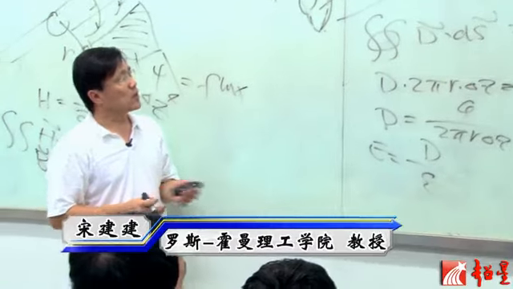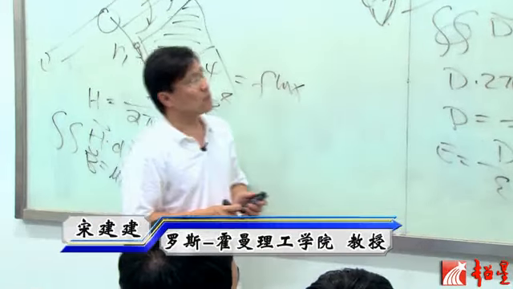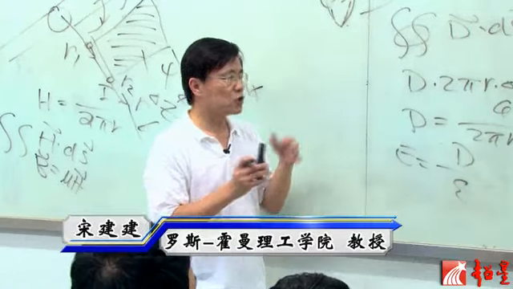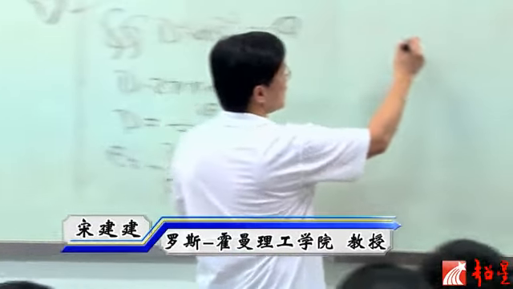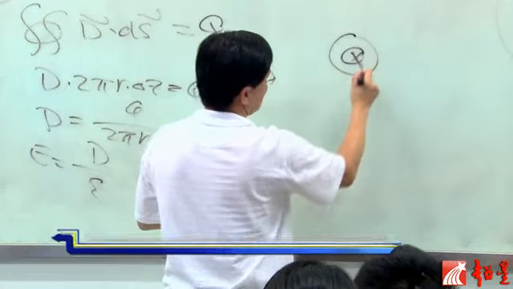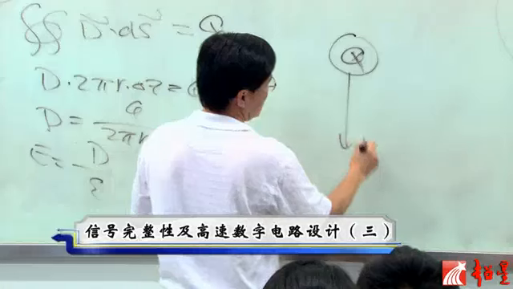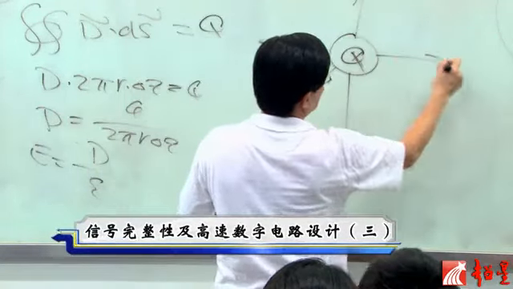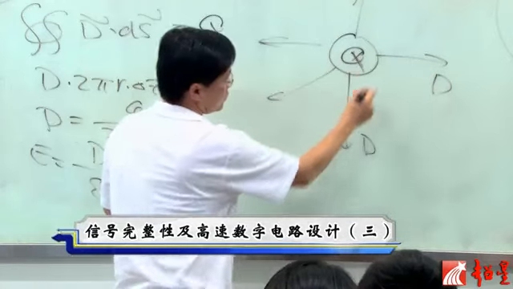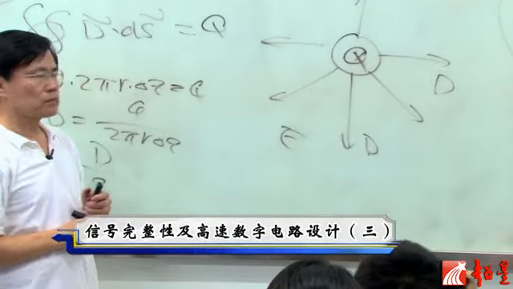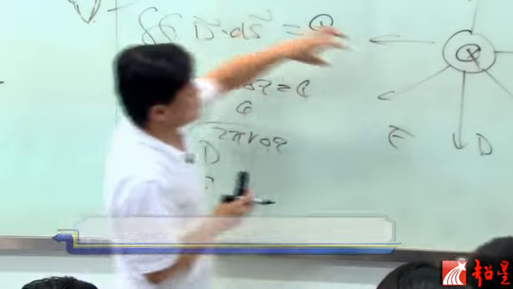Once we know E, then we can find the voltage between any 2 points. So basically, if you draw a cross section of this, that's charge Q. D is in this direction, and E is also in this direction, right? This is a cross section of a conductor.